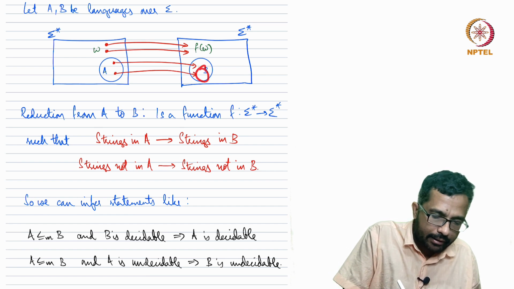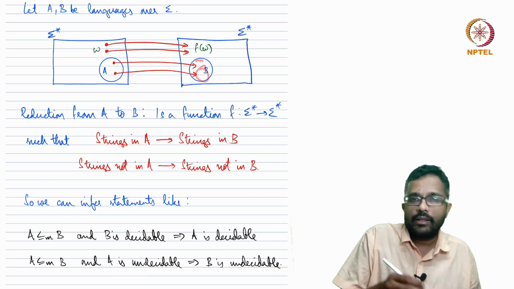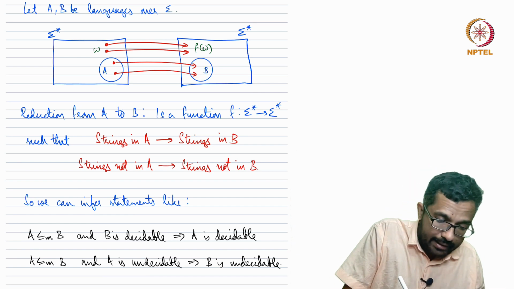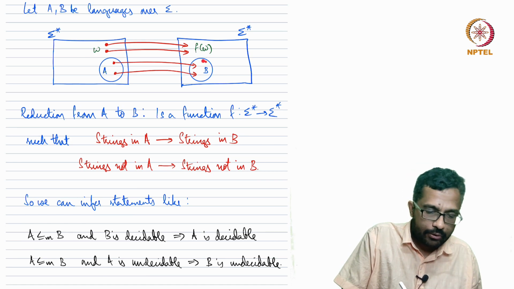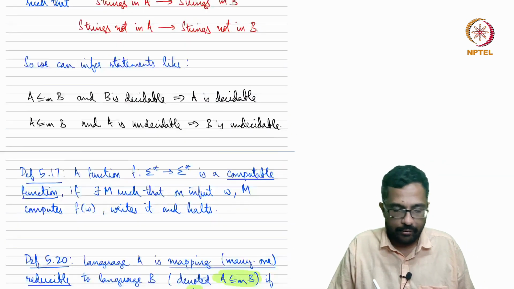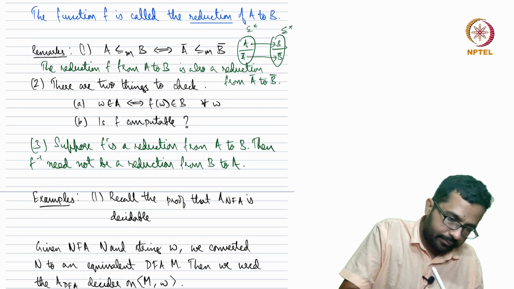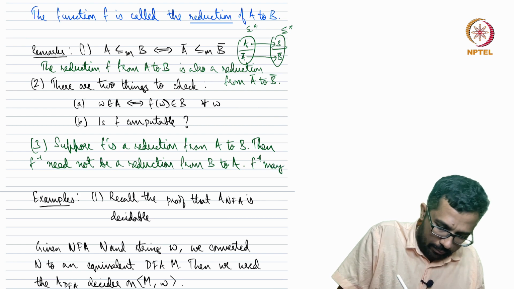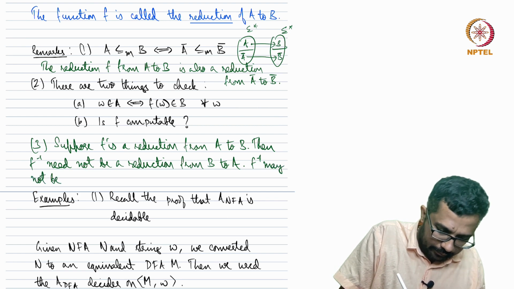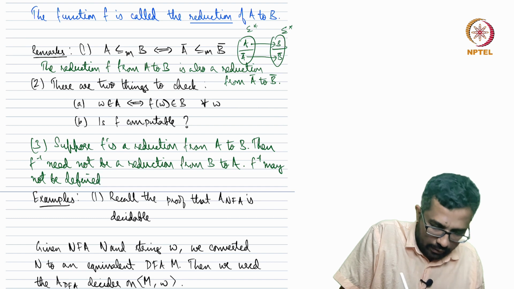There may be elements of B that are not images of something in A, so f inverse may not be defined for them. So that is one point.